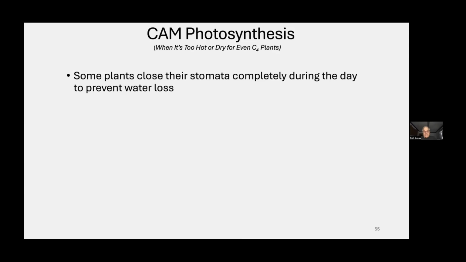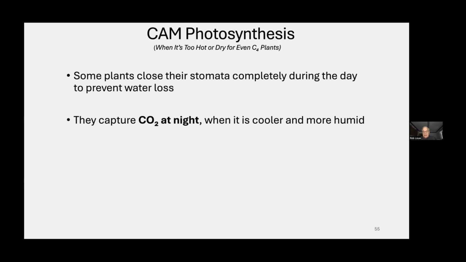And last but not least, we come to CAM photosynthesis, which is what happens when it's too hot and too dry for even C3 and C4 plants. And what happens in this process is that plants close their stomata completely during the day to prevent water loss.